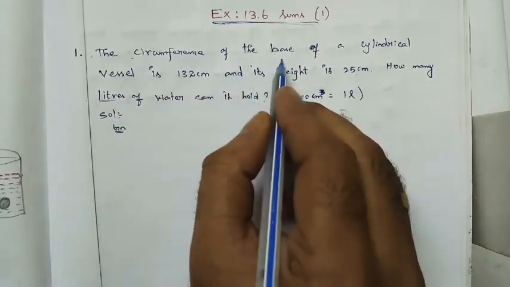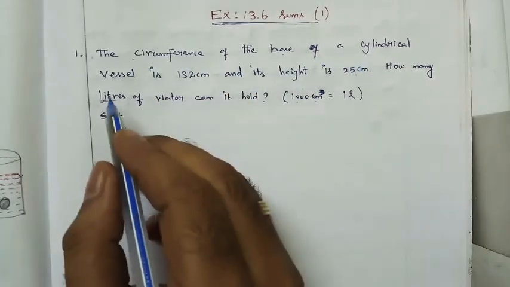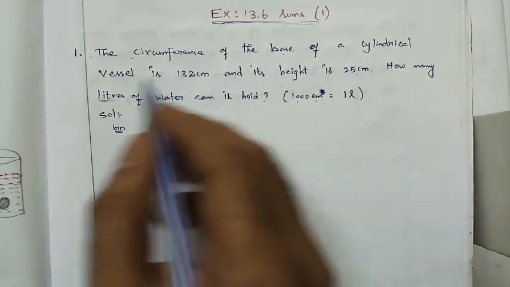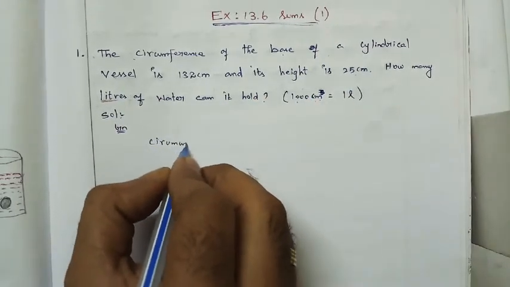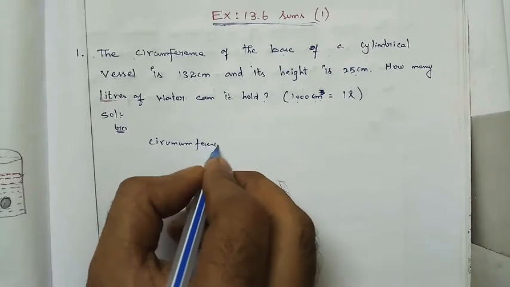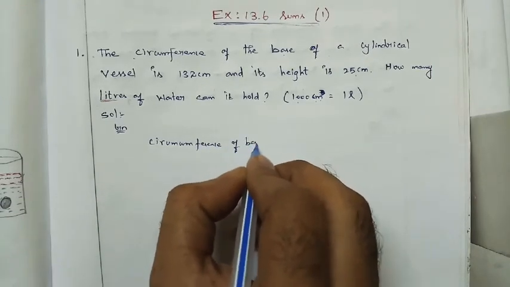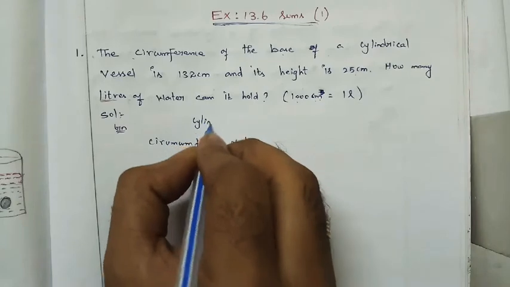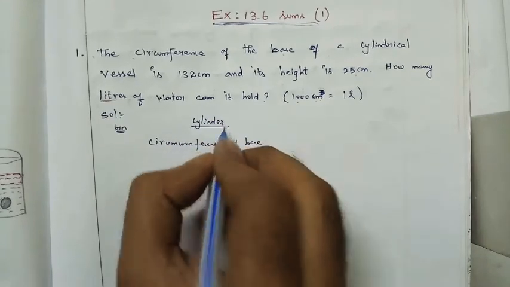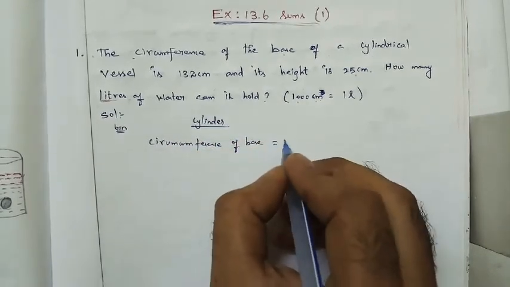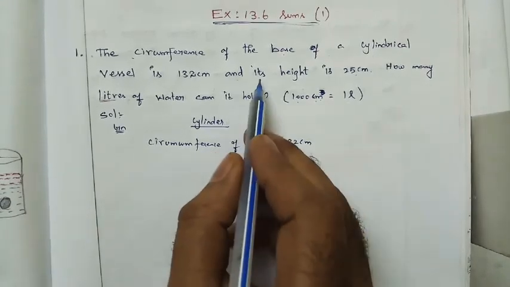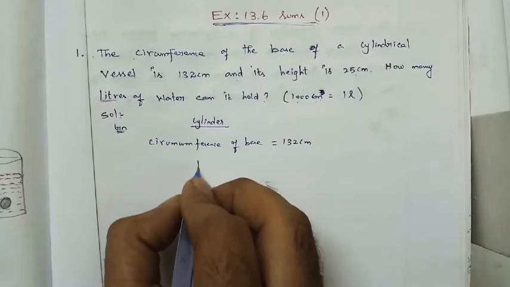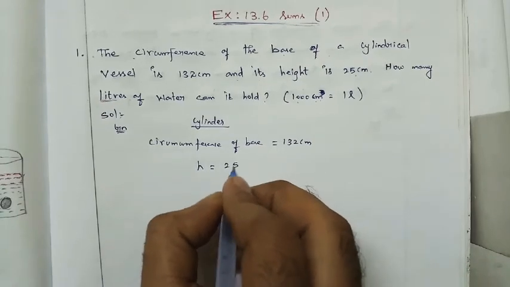The circumference of the base of the cylindrical vessel is 132 centimeter, and its height is 25 centimeter. h is equal to 25 centimeter.